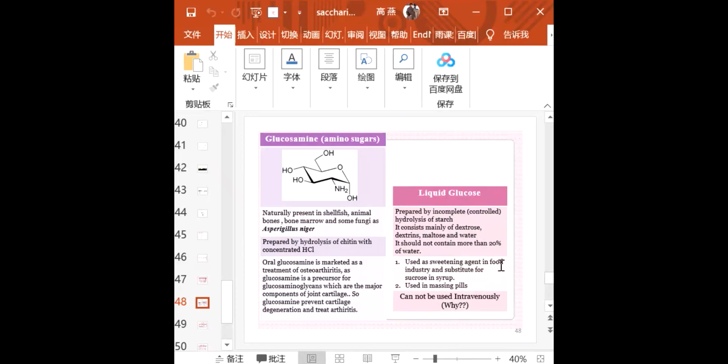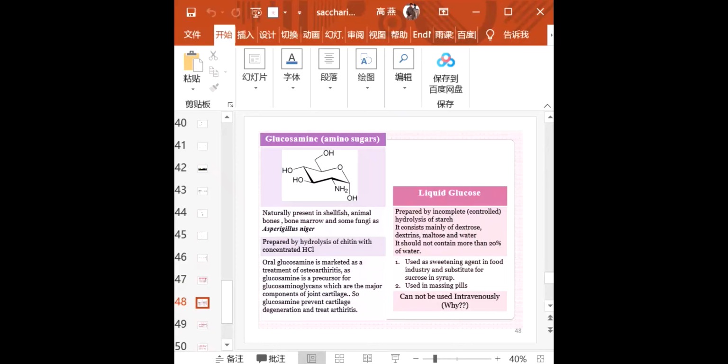And what's this used for? Often used as a sweetening agent in the food industry and a substitute for sugars in syrup. And it can also be used in massing pills, but it cannot be used intravenously. And why?